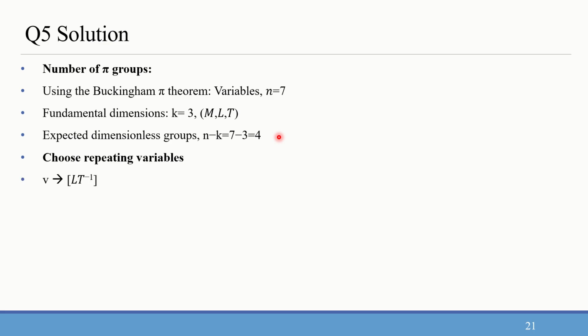Velocity is repeating, so we can take L T minus 1, and for having mass we can go with density, that is kg per meter cube, and one more, H. So we have M, L and T, and we are going with H, that is L. The non-repeating variables are delta P by L, the injection velocity VW, the rotation rate sigma and viscosity mu.